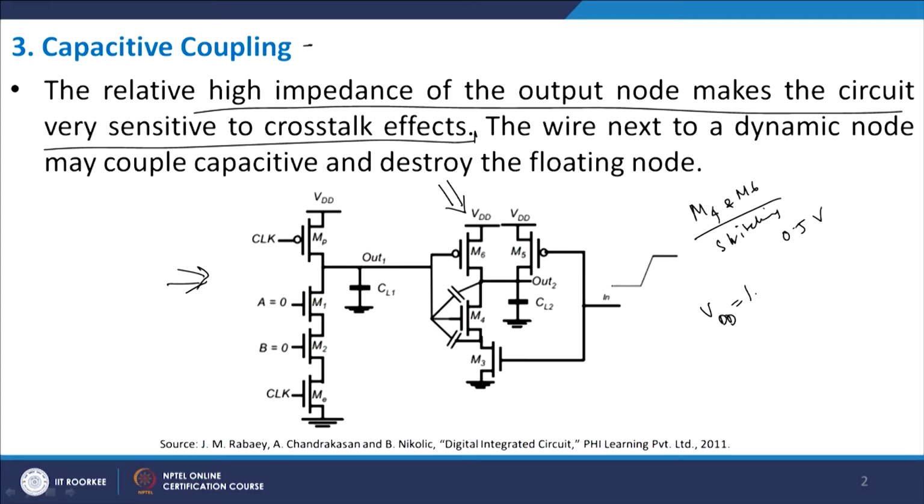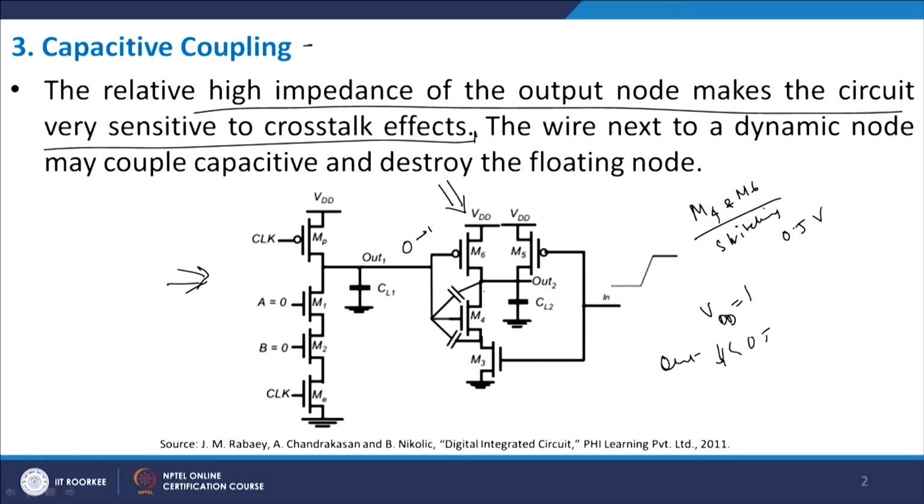If the output here, out 1, falls to less than 0.5 volts, then M6 and M4 will interpret the voltage as 0 rather than 1. This is the first problem.